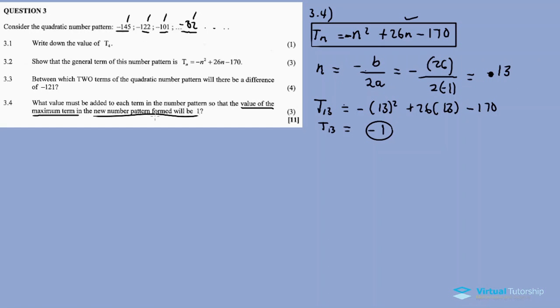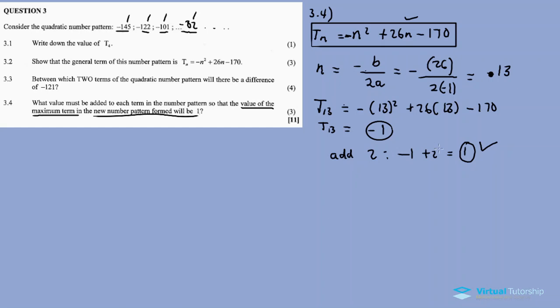So for the new number pattern formed, the maximum term must be 1. Look, if I add 2 to this negative 1, minus 1 plus 2 is equal to 1. So therefore, the statement is: what value must be added to each term in the number pattern so that the value of the maximum term in the new number pattern formed will be 1?